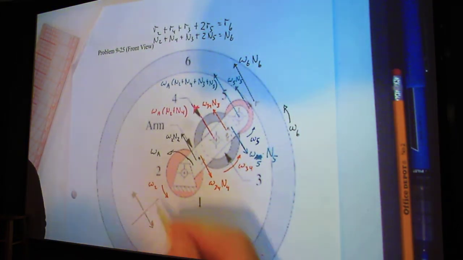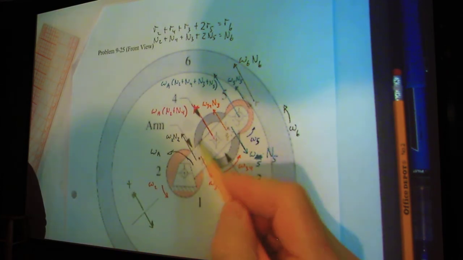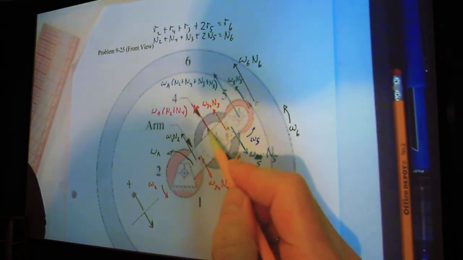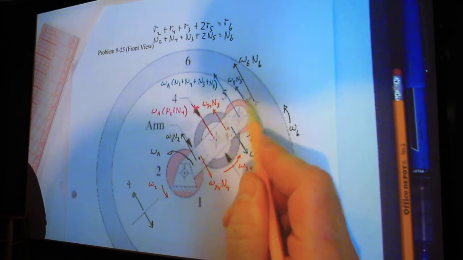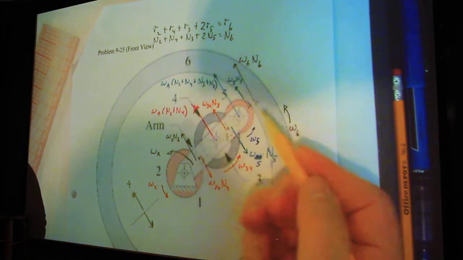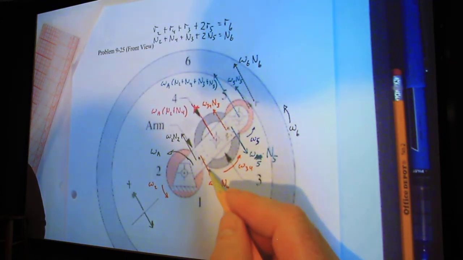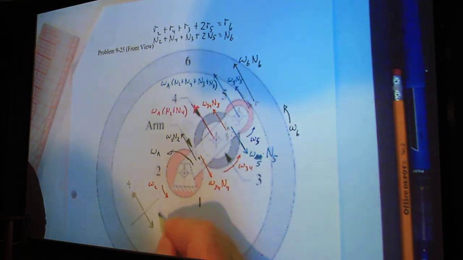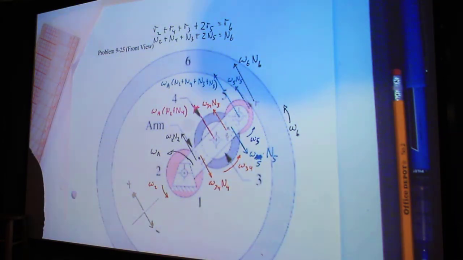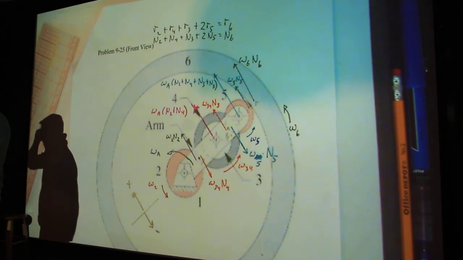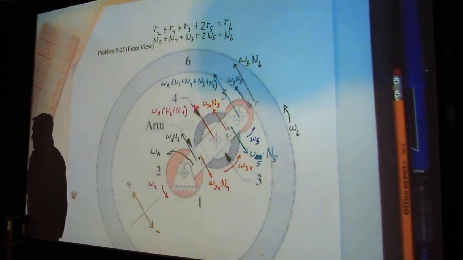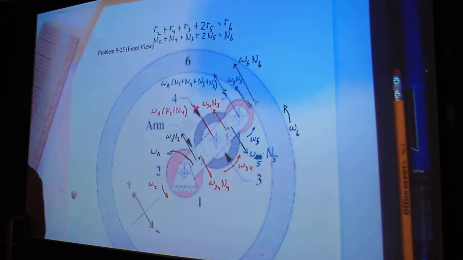Positive. The reason why is I got 1, 2, 3, 4, 5, 6 directions going like that, and I only have 1, 2 going the other way. So this is going to be positive, this one's going to be negative. Why did you make omega 6 and N6 go straight?